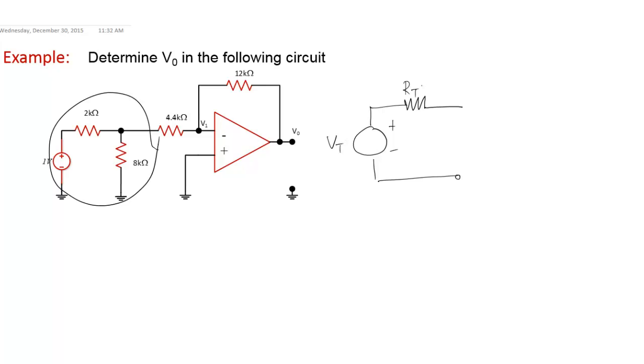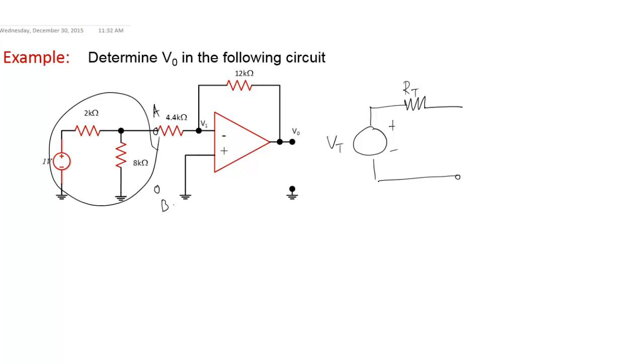So this is what we are going to show, and we notice that V sub t is nothing other than the Thevenin voltage of the circuit at the points of interest A and B, and R sub t is the Thevenin resistance between the points A and B.